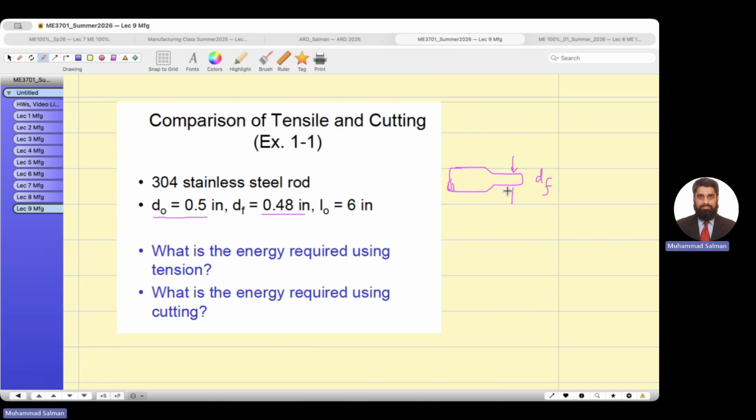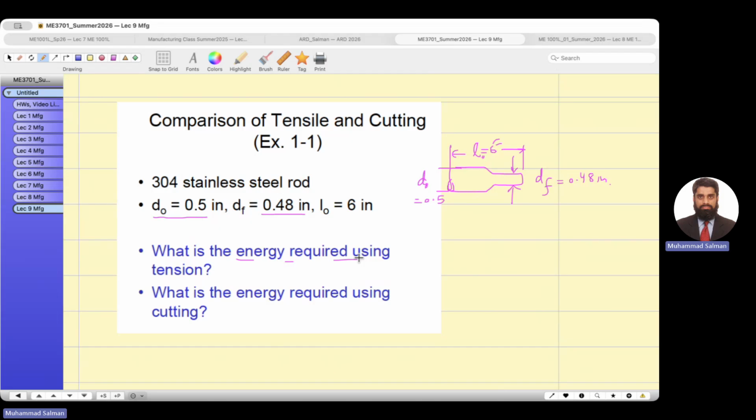The final diameter is 0.48 inch, the initial diameter is 0.5 inch, and the length of this billet is L0, 6 inches.